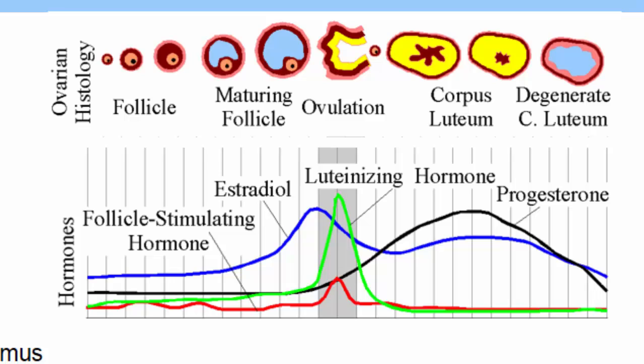When the estrogen reaches a critical concentration, there's a surge of gonadotropin-releasing hormone, followed by a surge in the release of specifically luteinizing hormone. The surge in luteinizing hormone causes the mature follicle to rupture, and this releases the oocyte through the process of ovulation.